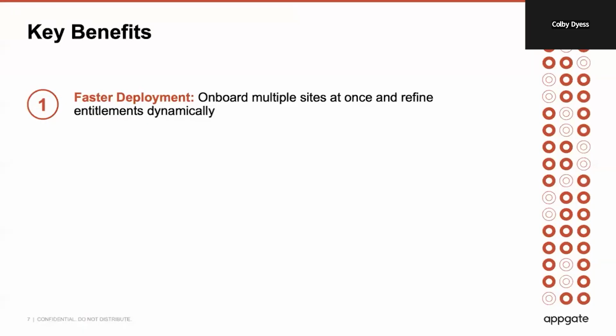So a quick summary of the key benefits of this service. Helping organizations move faster. With application discovery, you can onboard multiple environments or multiple sites simultaneously, and you can dynamically refine the entitlements as the user behavior evolves, as you are able to watch what users are doing and then put controls in to ensure that they only have access to the things they need. And you can do that with every new site that you onboard.